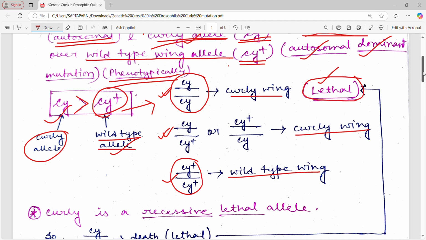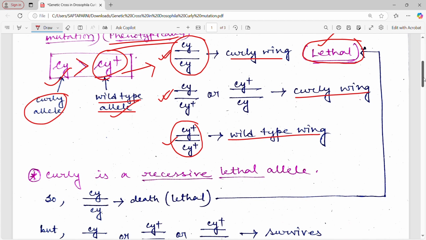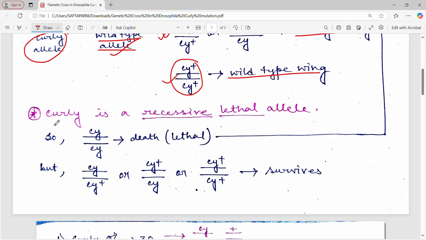Got it? Now the second thing you must remember is that Curly is a recessive lethal mutation. Though phenotypically Curly is a dominant mutation, or autosomal dominant mutation, it is actually recessive in its lethality. Whenever we get the term recessive, that means it will show lethality when it is present on both second chromosomes, that is, when it is present as homozygous.